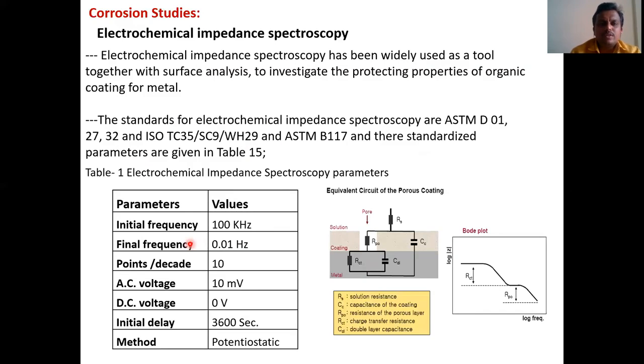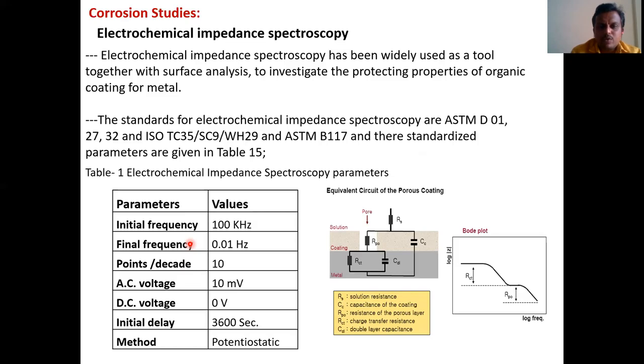Then the next corrosion measurement technique is electrochemical impedance spectroscopy. This is another technique most widely used in research, like research on batteries, and in corrosion also.